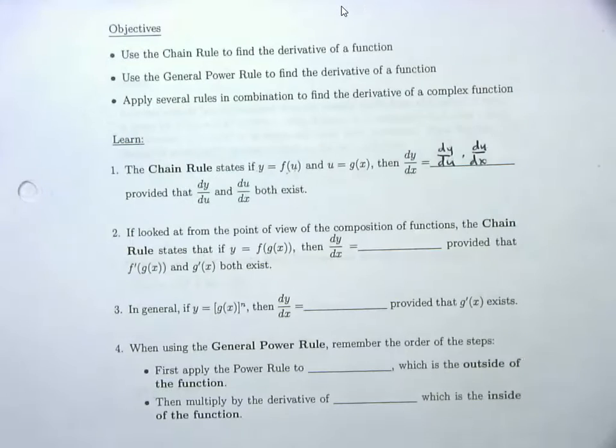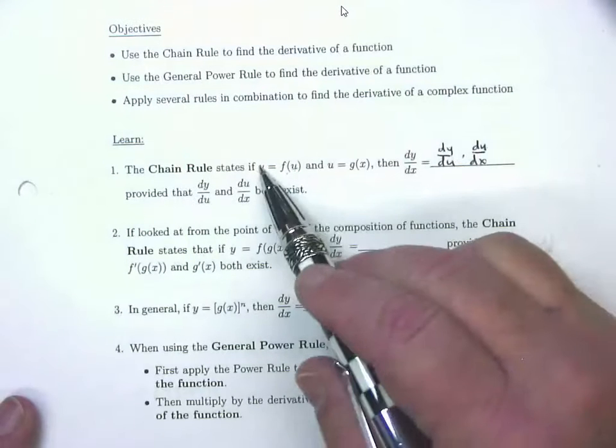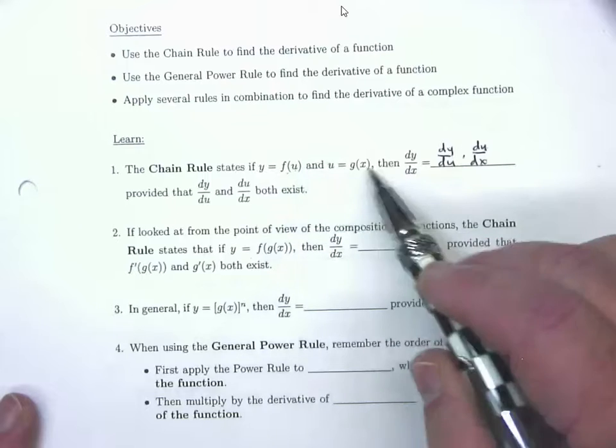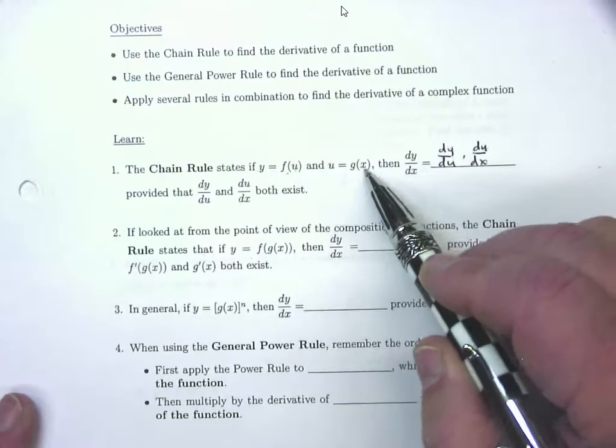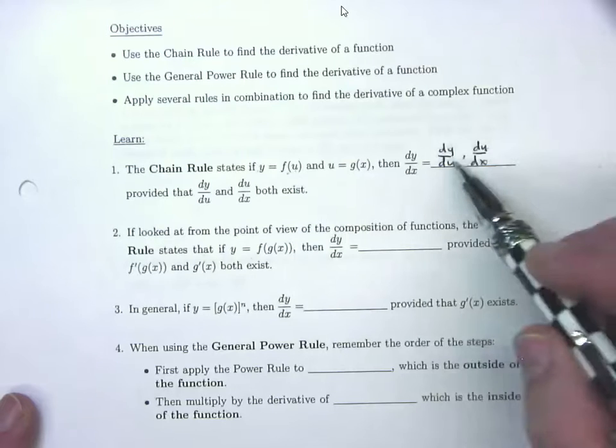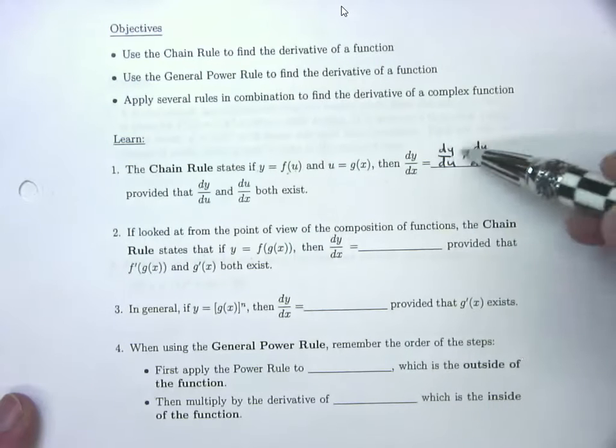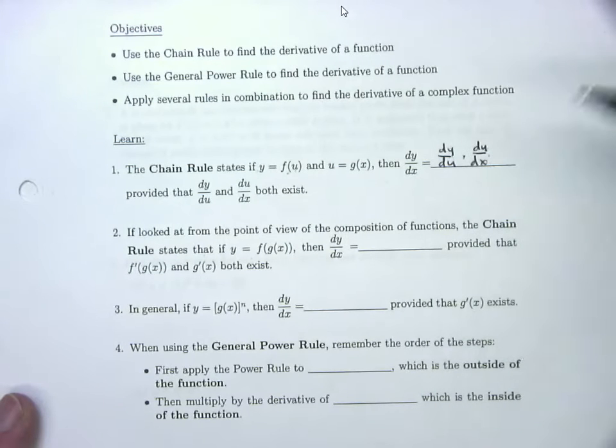Well, that's the main idea behind this, but what you got here is one function in terms of u, and then another function u in terms of a different variable x. So you're really taking this guy and plugging him into here. This is the derivative of the outside times the derivative of the inside. That's really what's going on.